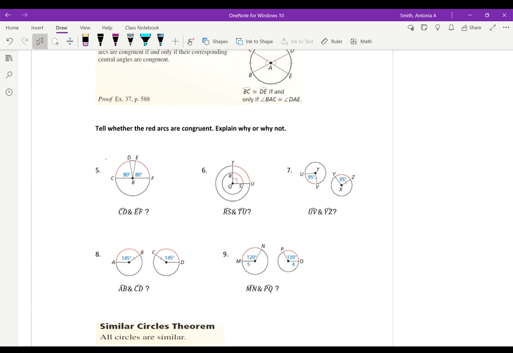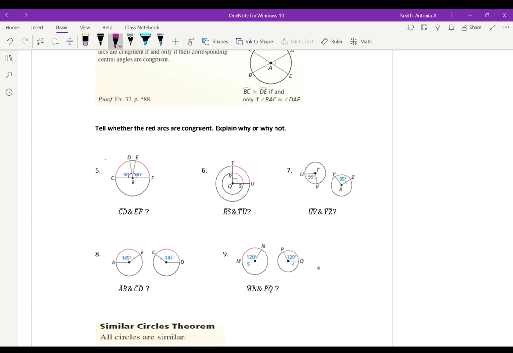So this next set of examples, we want to tell whether the red arcs are congruent in the picture. Explain why or why not. So number 5 we have is CD, this first red arc, congruent to EF, this one over here. These 2 arcs are in the same circle, so really I just need to see, do those central angles match?